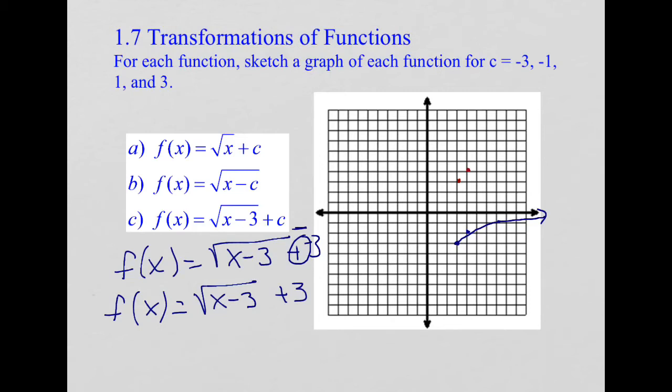And my last point, 7 minus 3 is 4, square root of 4 is 2, so that's going to be at 5. So my function looks like this. Again, they look very parallel.